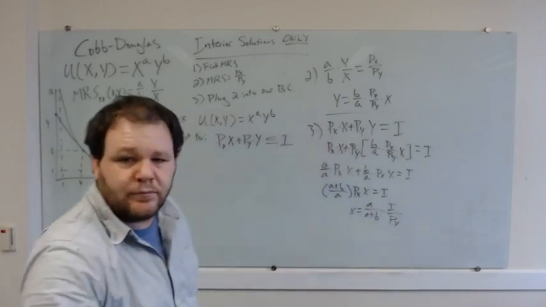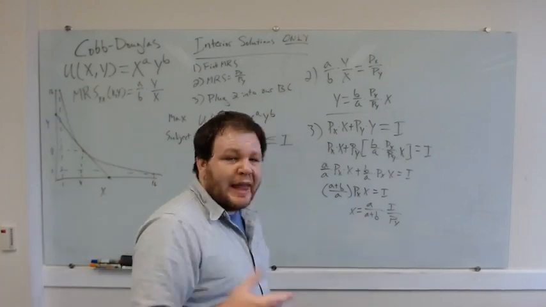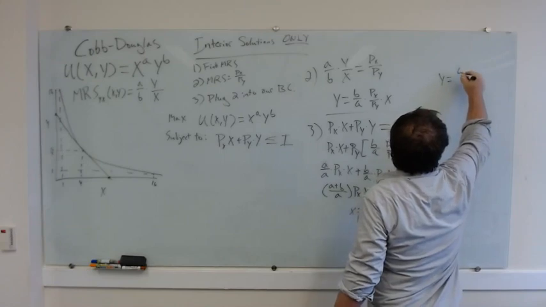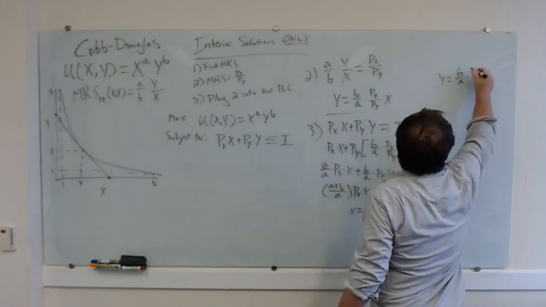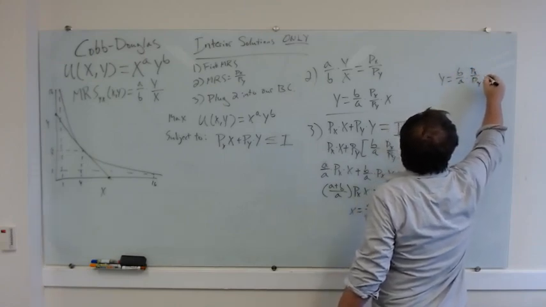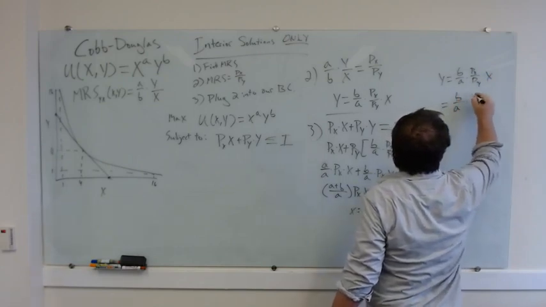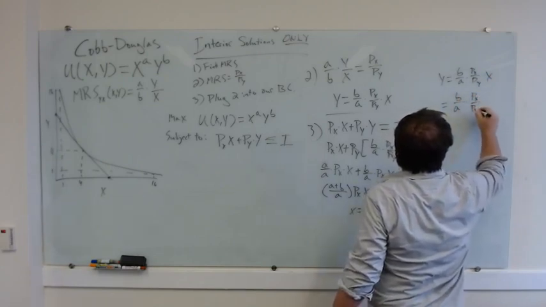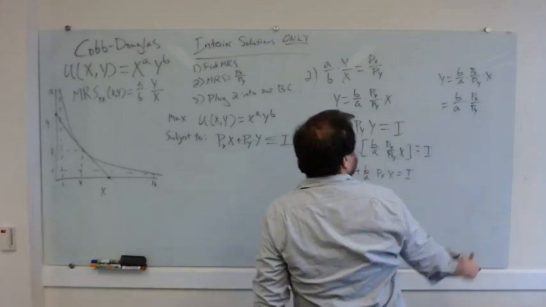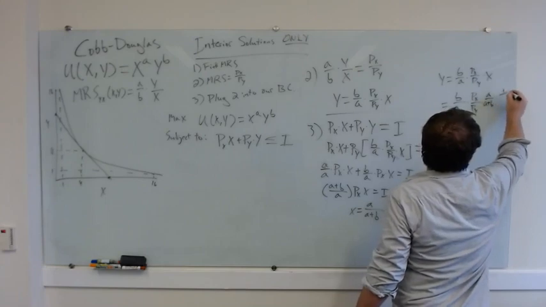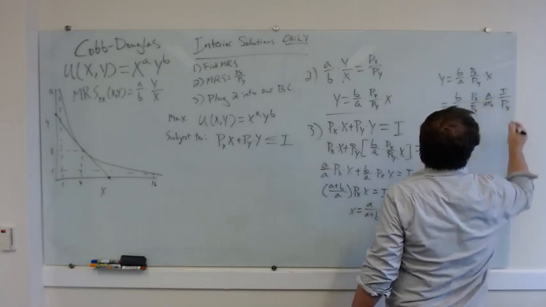Awesome. And then we can get Y, right? By going back to this, we say Y equals B over A times Px over Py times X, which means that it's B over A Px over Py times A over (A plus B) times I over Px, right?